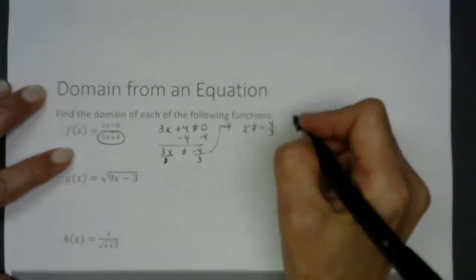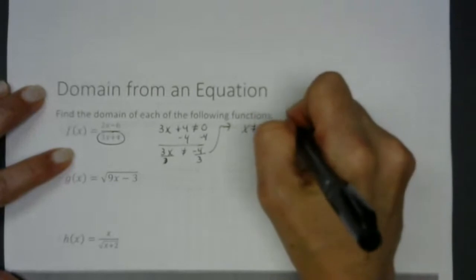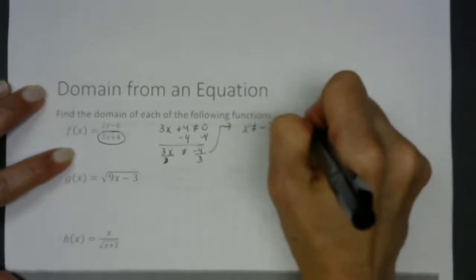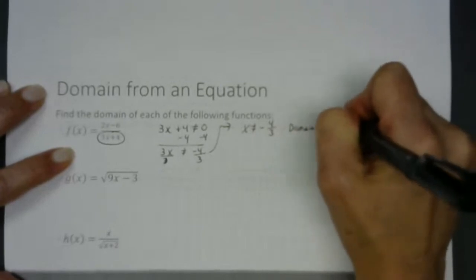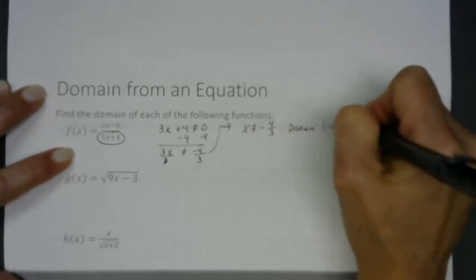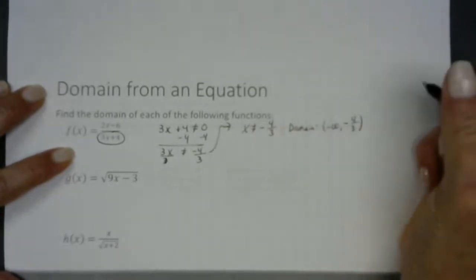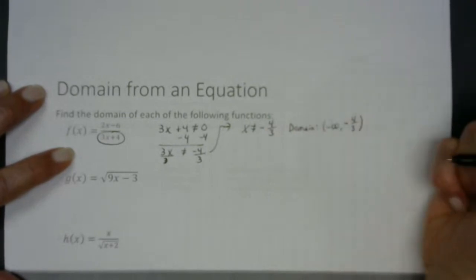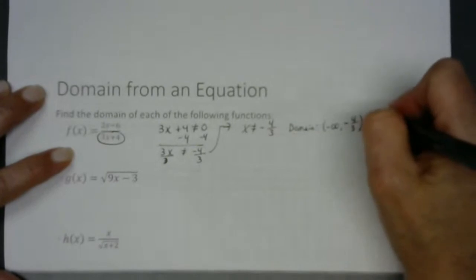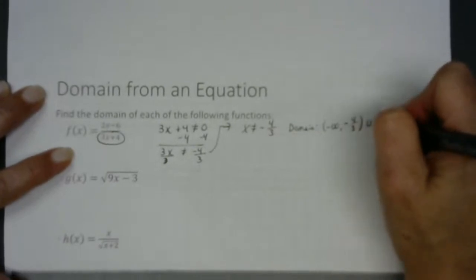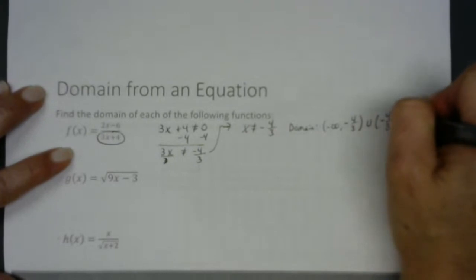So if x cannot equal -4/3, my domain is going to be -infinity all the way up to -4/3, with a parenthesis by it to indicate we exclude that actual value of -4/3. And then join that in union with an interval that starts back up again right after -4/3 and goes all the way to infinity.